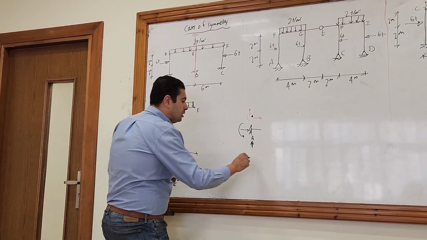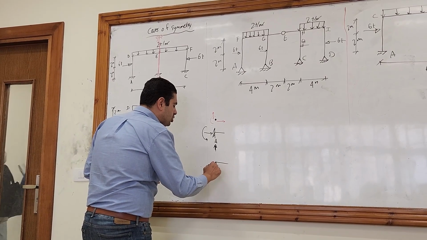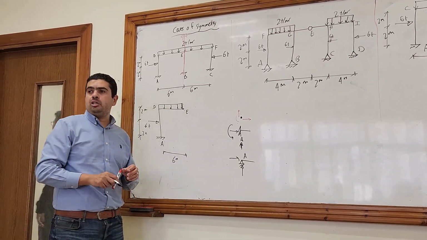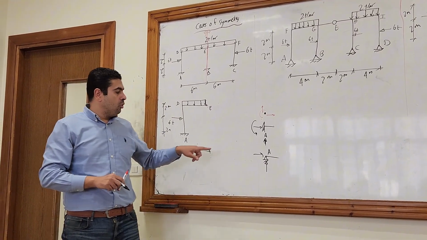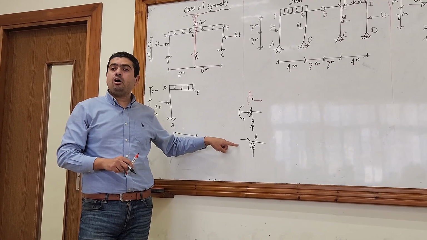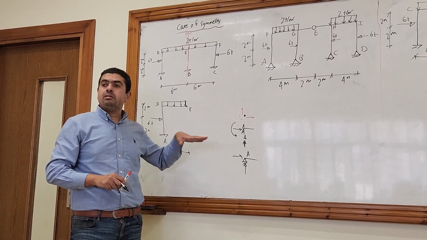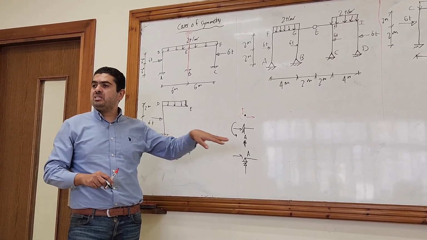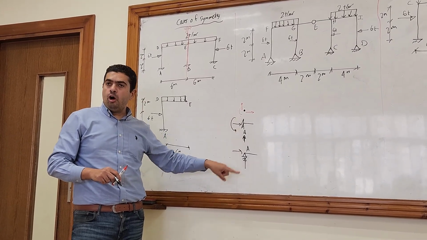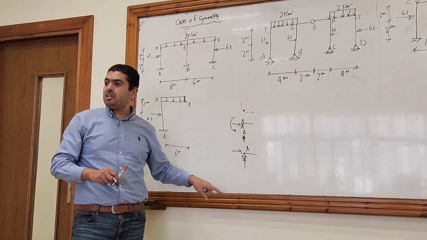What about the behavior of a hinged support A? It only has a vertical reaction and a horizontal reaction. So the horizontal displacement is 0 because there is a horizontal reaction that eliminates the displacement in its direction. And the vertical displacement is also 0 because there is a vertical reaction.